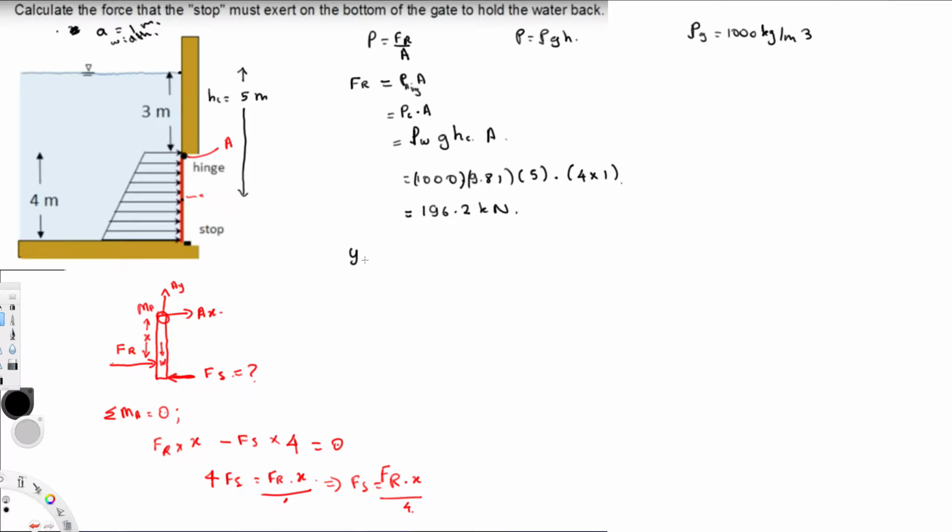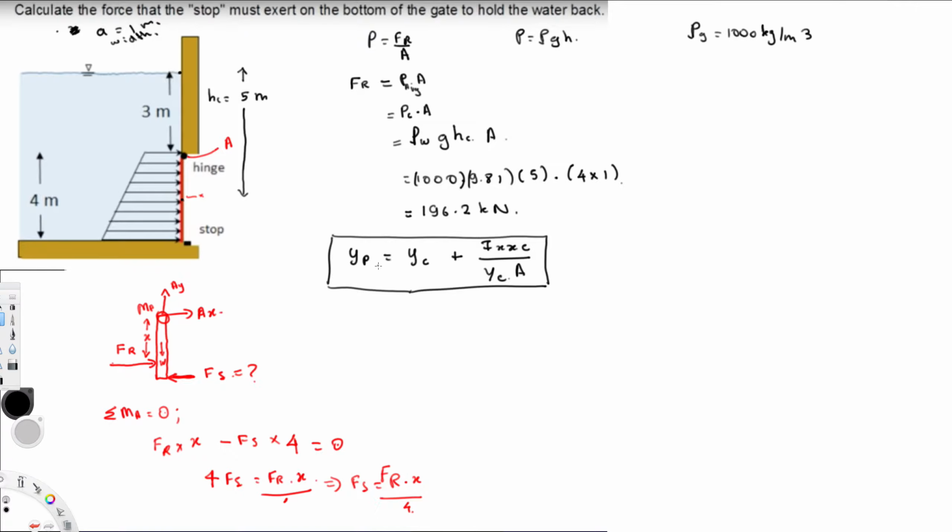To find the center of pressure, yp, there's an equation for this: yp is equal to yc, the location of the centroid of the area, plus Ixxc, the area moment of inertia, divided by yc times the area. This is a general equation to find the location of the center of pressure.